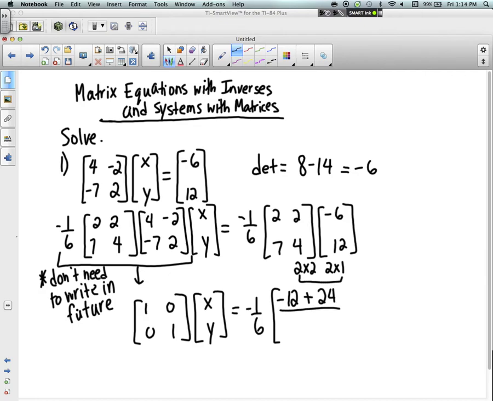Remember, with multiplying, you're going to get a 2 by 1 here. And then we are going to get 12 and 6, and you'll just divide each of those by -6.